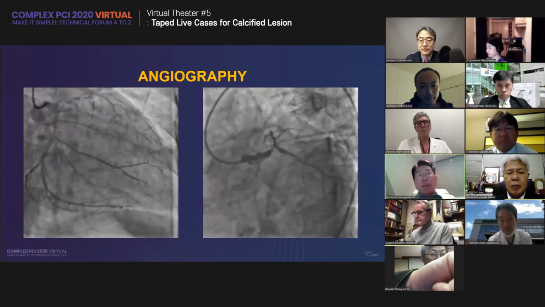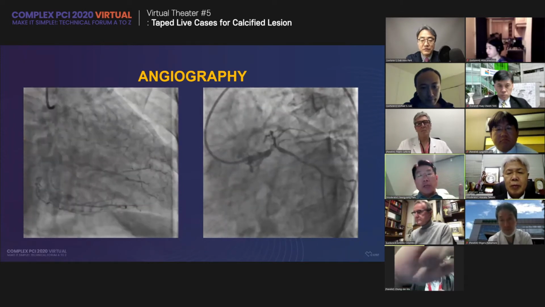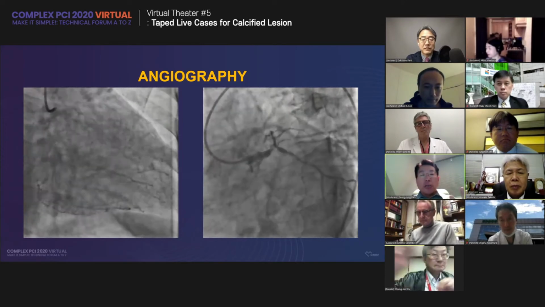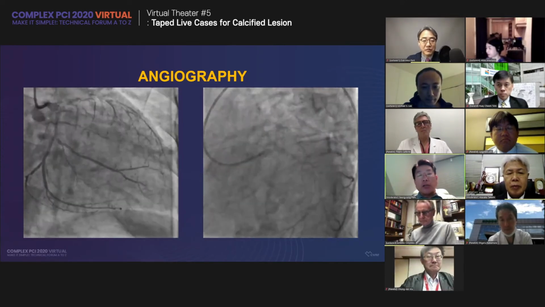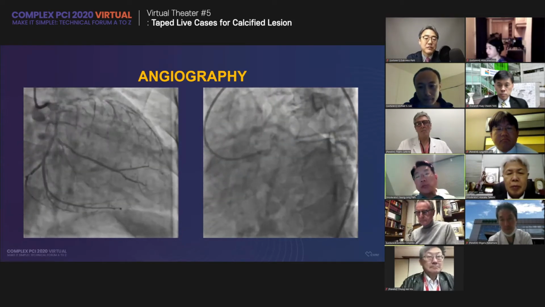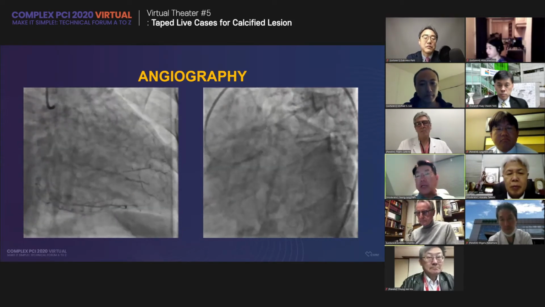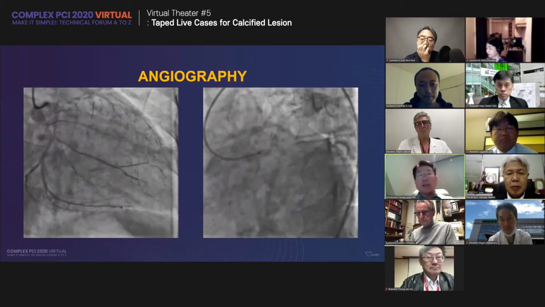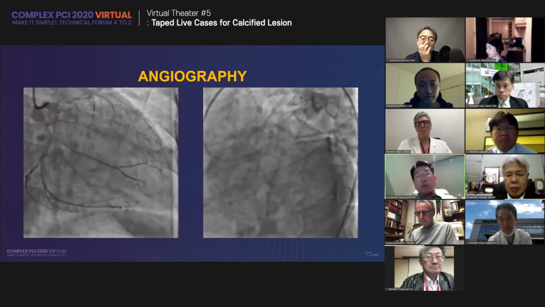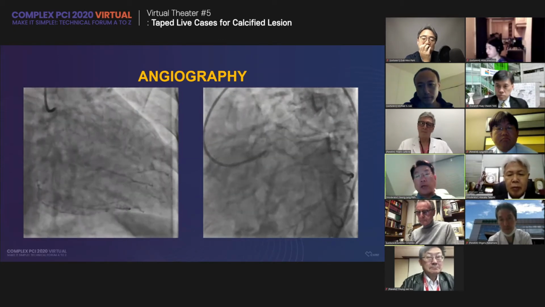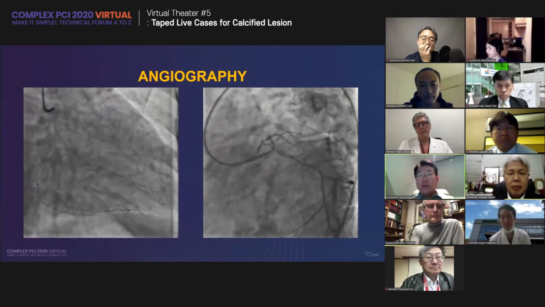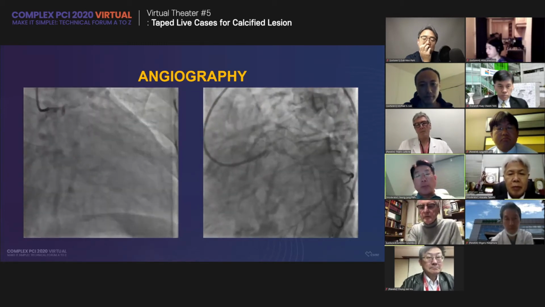Regarding the concept of viability, the patient has a low ejection fraction, a large post-MI LAD territory. And I think the main issue is how to save the circumflex part. Anyway, technically we have the LAD, right? However, I think the right coronary artery and circumflex are more important to save and maintain viable myocardium.